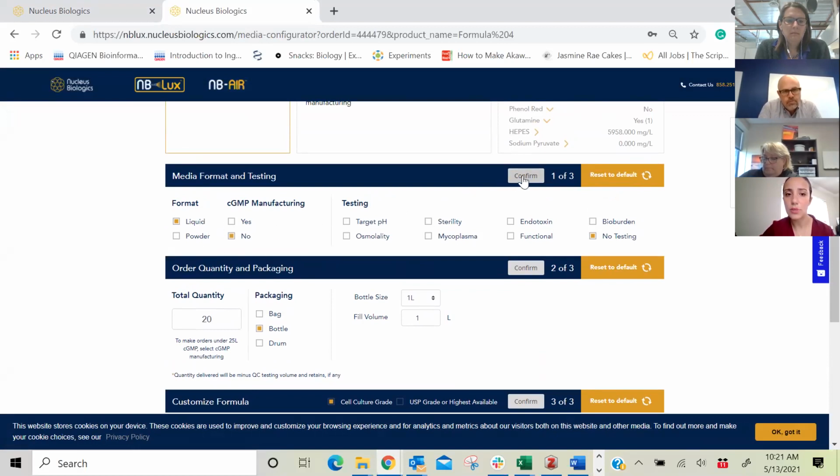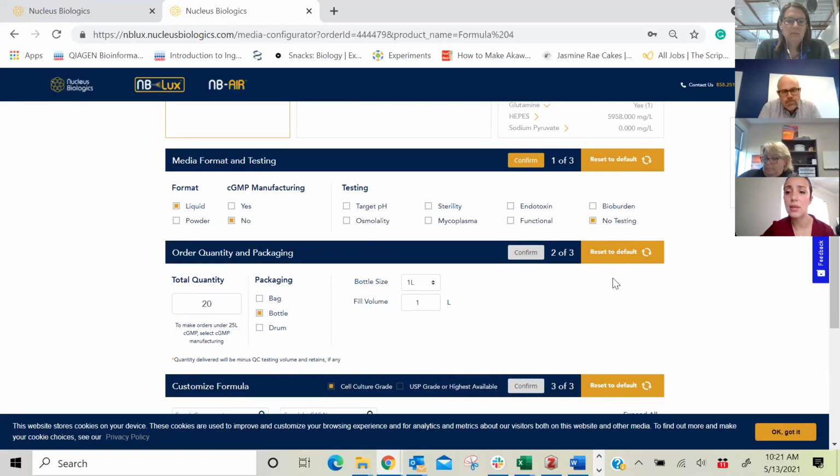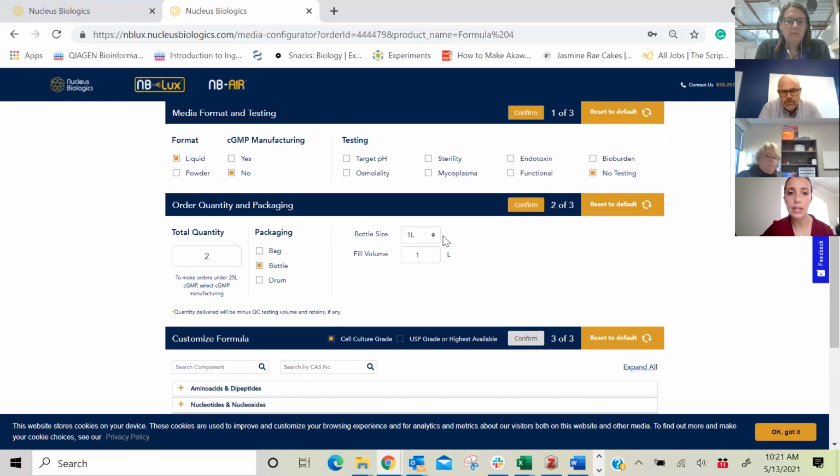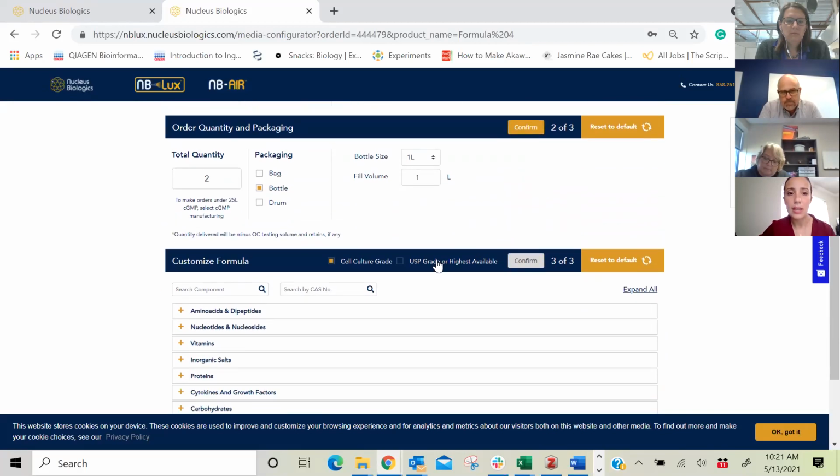As I want it liquid, okay, I'm not going to change anything here. I don't want it to be cGMP, and I don't require any testing as it's still on a small scale test. And then for the quantity, I don't need 20 liter. I actually need only 2 liter. And I want it in a bottle, and then 1 liter bottle is okay.